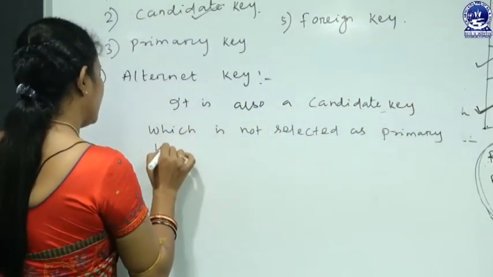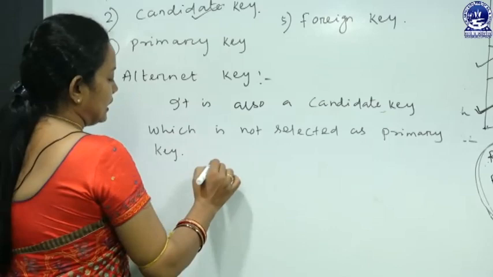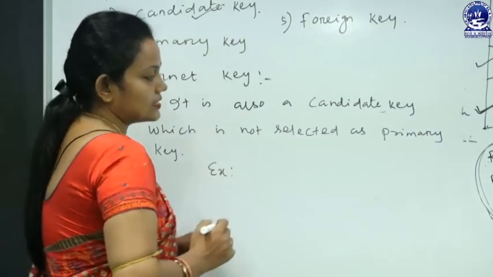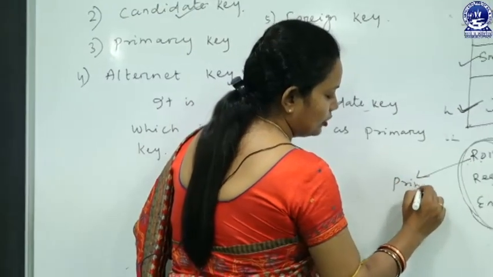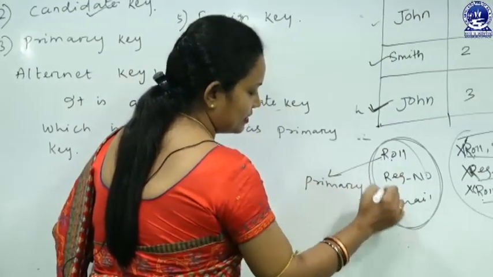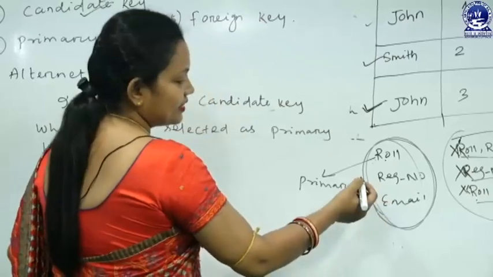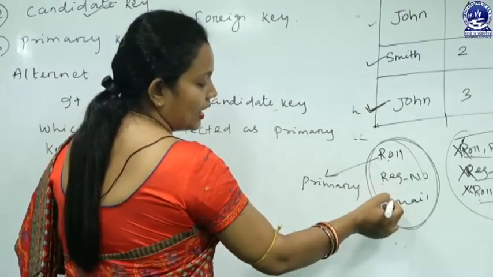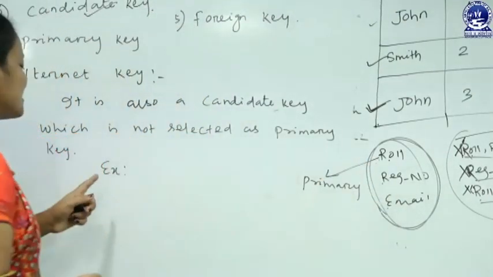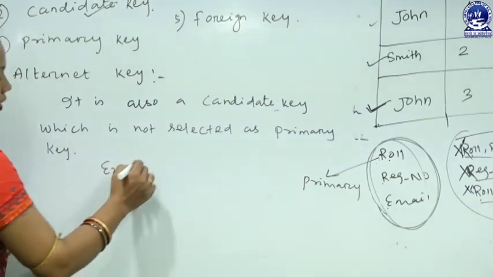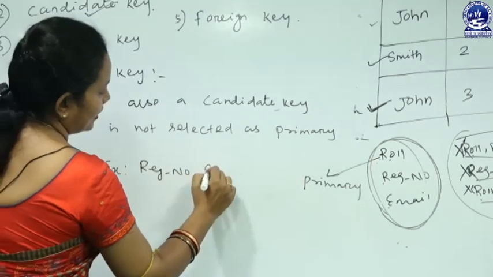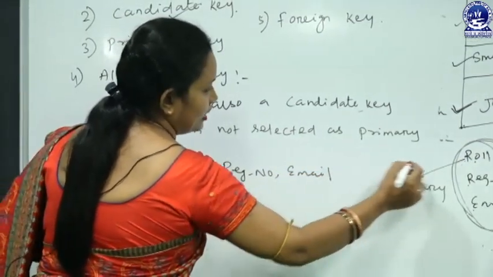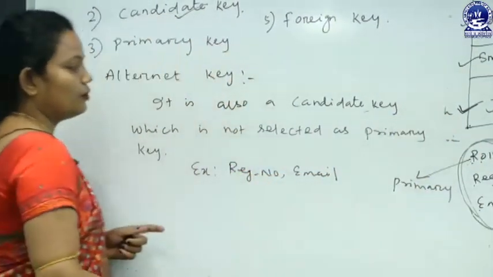That means from the candidate keys, the DBA will choose one as the primary key. Suppose roll number is chosen as the primary key from these candidate keys. Then the rest of the candidate keys, that is registration number and email, are the alternate keys. Okay. So, registration number and email are the alternate keys if roll number is chosen as the primary key.